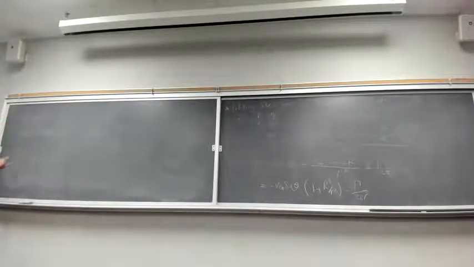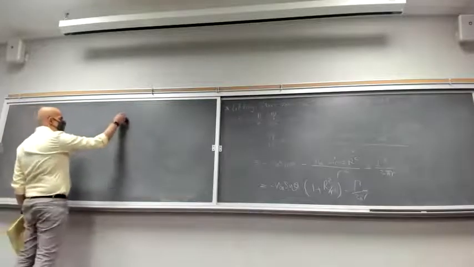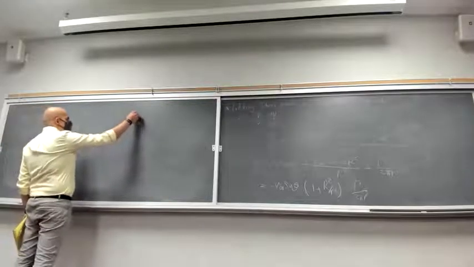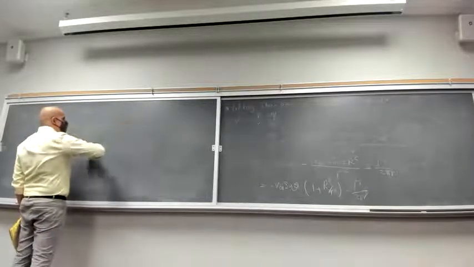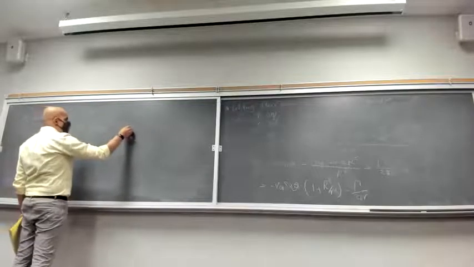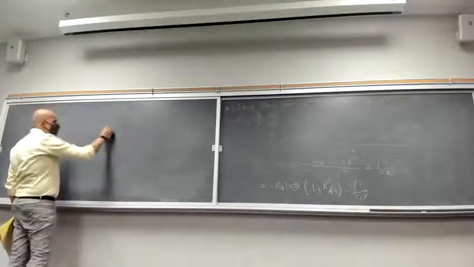There are two ways this V_r can be 0. Either by theta being plus or minus pi over 2, or by r being equal to R.